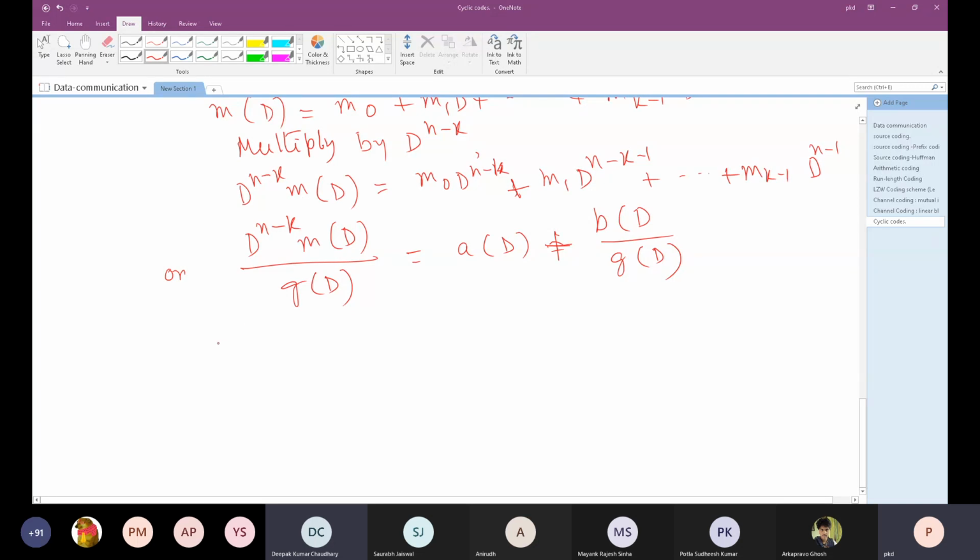So D to the power n minus k M(D) is equal to A(D) G(D) plus B(D).